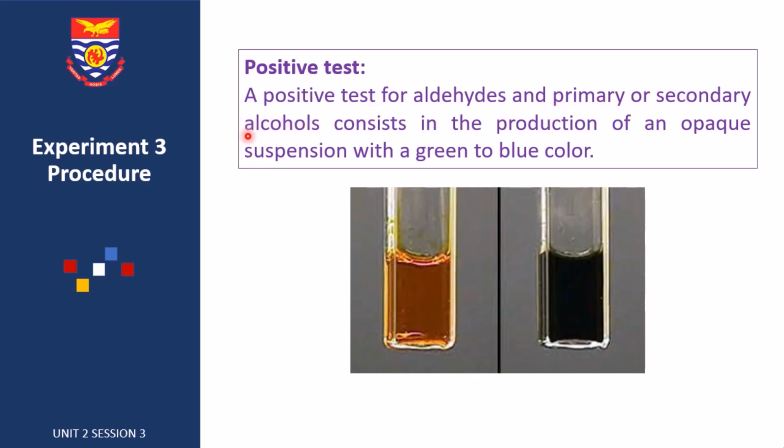So if your unknown is possibly an alcohol, you can also look at this chromic acid test, because we talked about it in the identification tests of alcohols. However, if your unknown is known to bear carbonyl functionality, then you conclude that the unknown is an aldehyde and not a ketone.